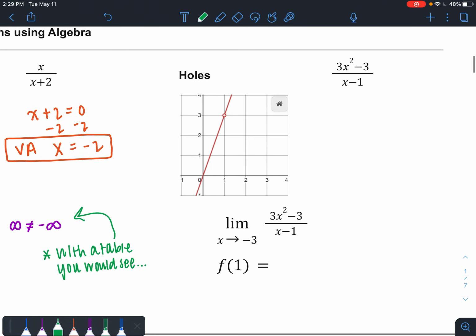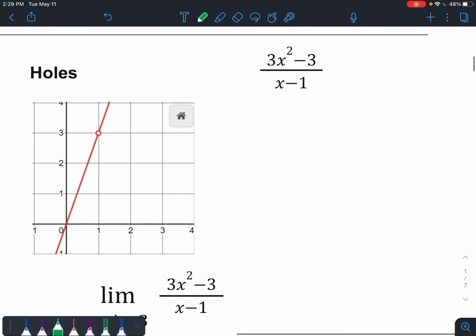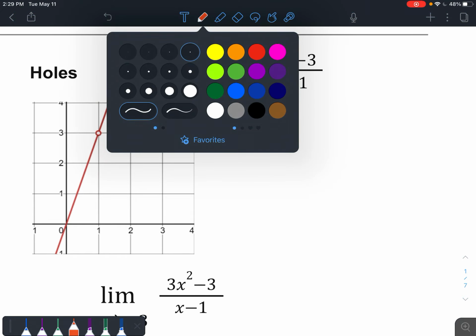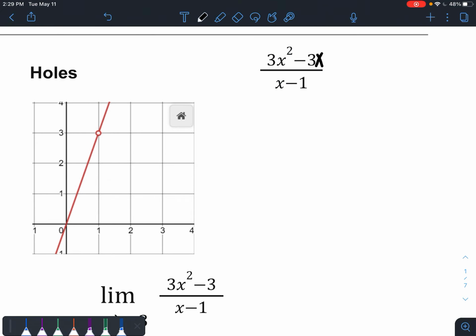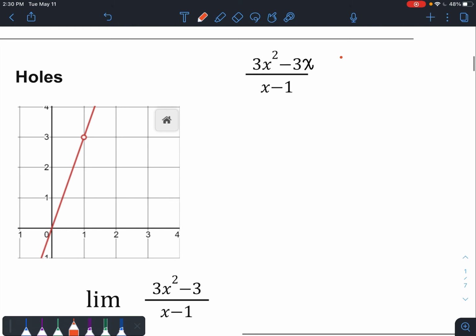Looking at a hole, again, I'm going to factor the numerator. Here's my function. This was supposed to have an x in it. If I factor out a 3x from both of these, I'm left with x minus 1 over x minus 1.